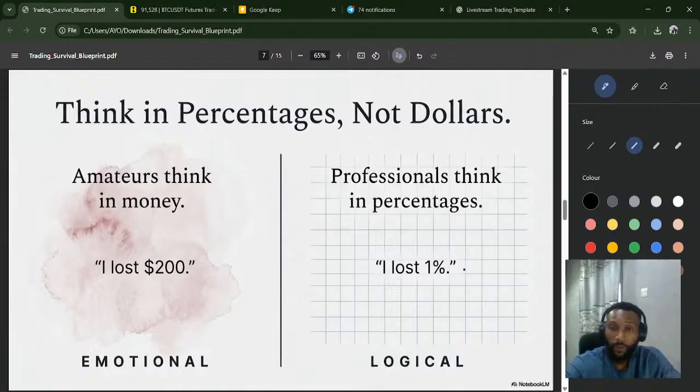I lost 1% of my margin. I lost 1% of my whole futures wallet balance. That's very logical. But when you think in money, you're very emotional. Amateurs think in money. Professionals think in percentages.